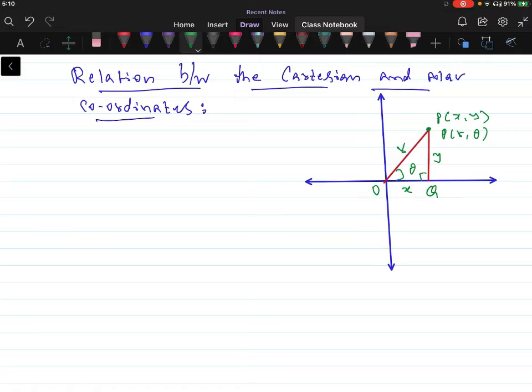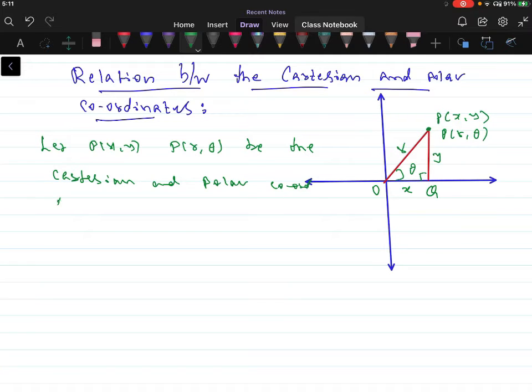Let's move to the relation between Cartesian and polar coordinates. Let P(x, y) and P(r, theta) be the Cartesian and polar coordinates respectively in the plane.